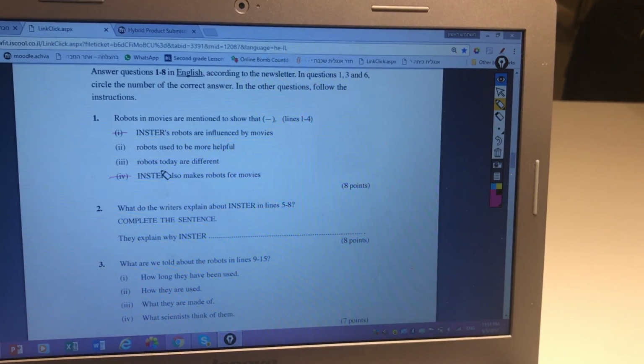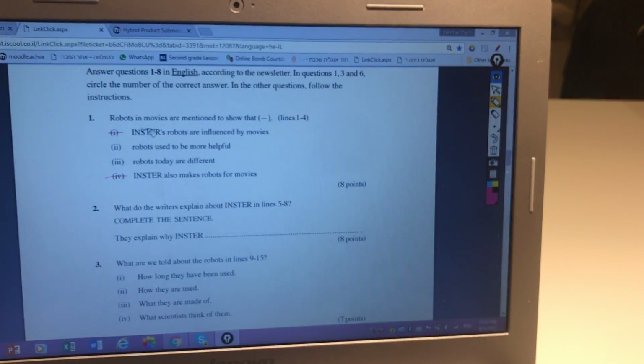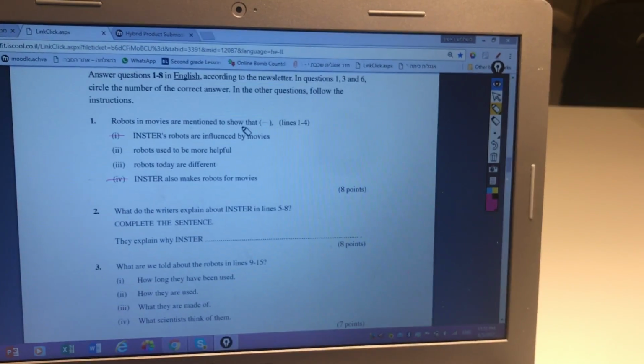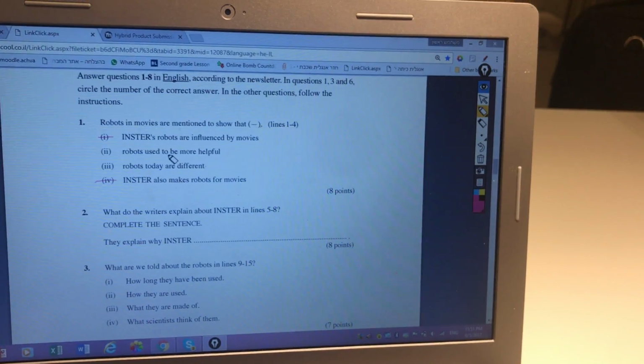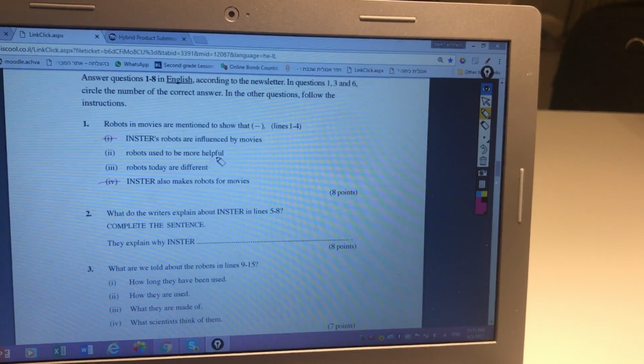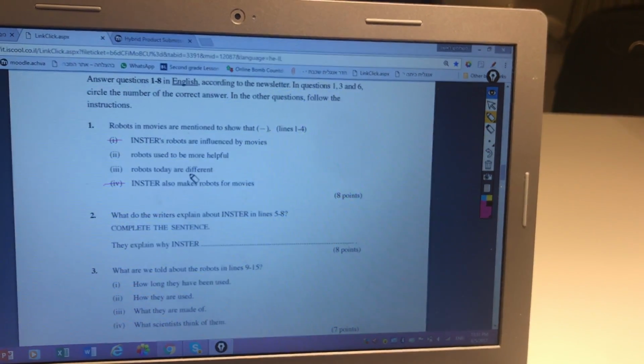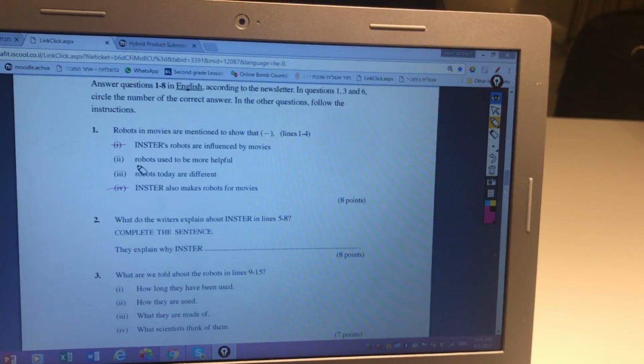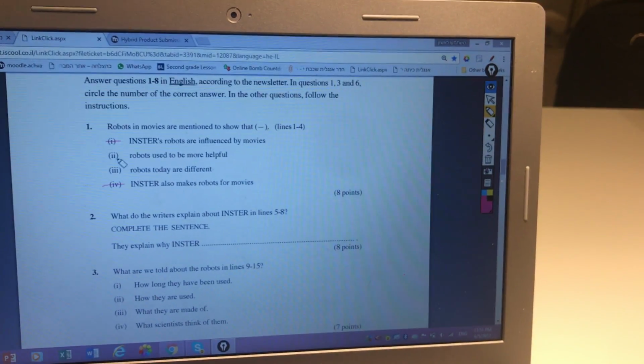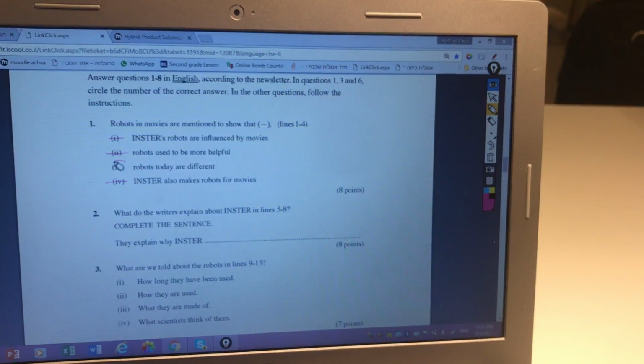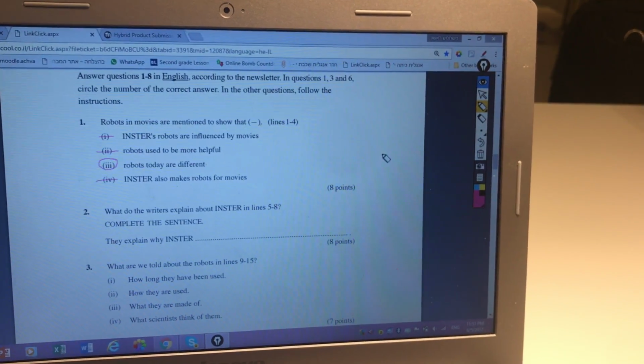So we have these two, okay? So robots in movies are mentioned to show that robots used to be more helpful, or that robots today are different. Were robots more helpful than they are today? I don't think so. So we have here the correct answer.